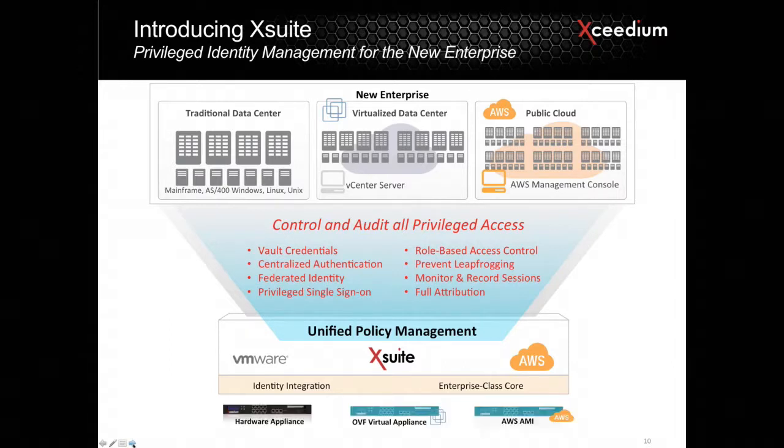One thing I want to point out before we leave is we're the only vendor that does this, but we've provided really ultimate choice here. You can run our software on our hardened appliance. It's a purpose-built, highly secure hardware appliance that you can rack and stack in your environment.